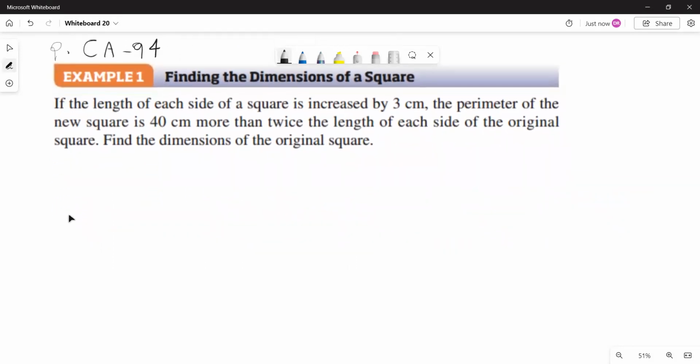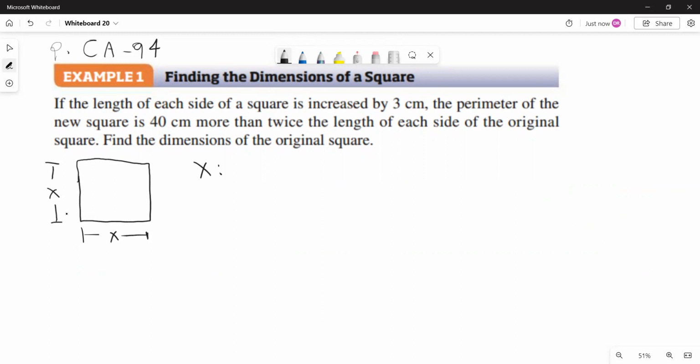Okay, so let's say we have a square. So all sides are equal. And the variable is going to be x.